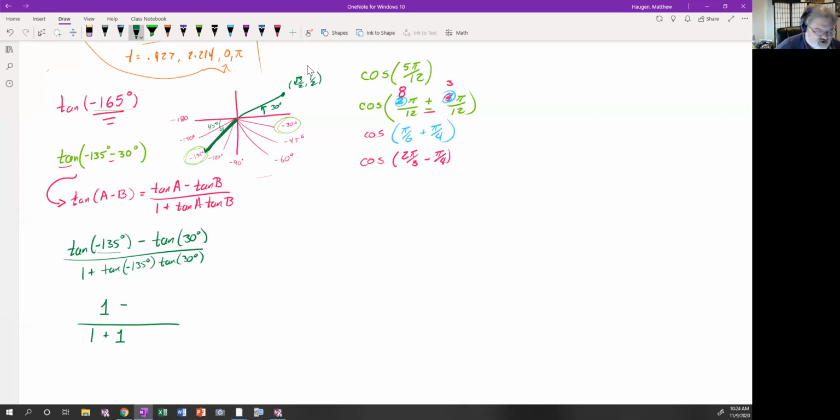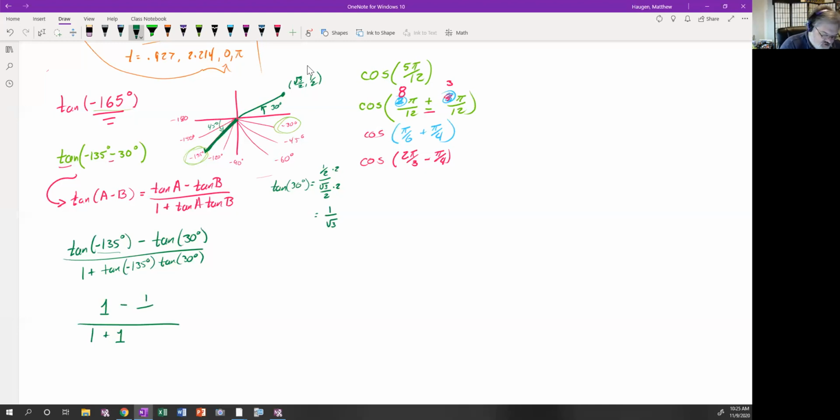If we look at our unit circle, we know the tangent is the y over the x, so it's the 1/2 over the square root of 3 over 2. I would simplify that a bit by multiplying by 2 over 2. That would give us 1 over the square root of 3.